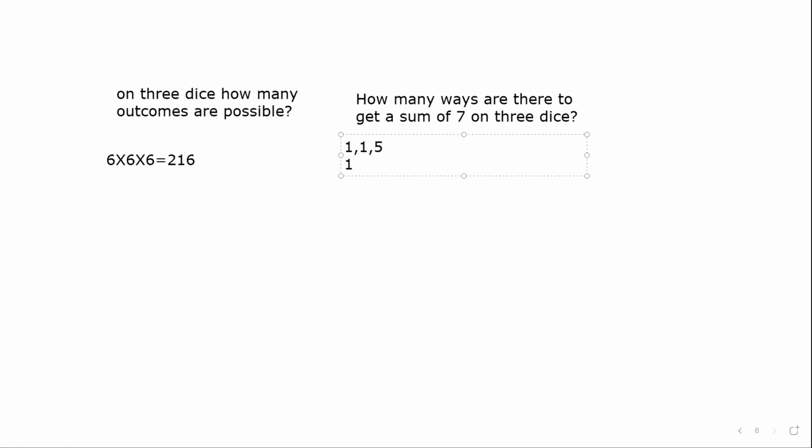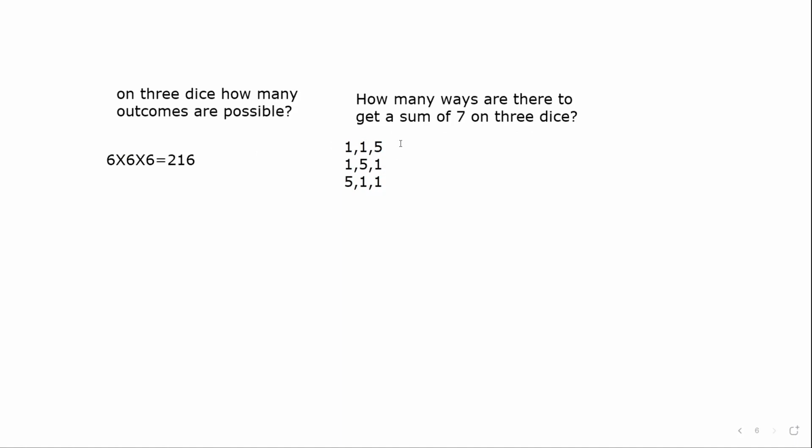So there's 1, 1, 5, and there's 1, 5, 1, and 5, 1, 1. Those are all the ways, if you have 2 numbers that repeat like that, because I can put the 5 at the end, in the middle, or on the left.